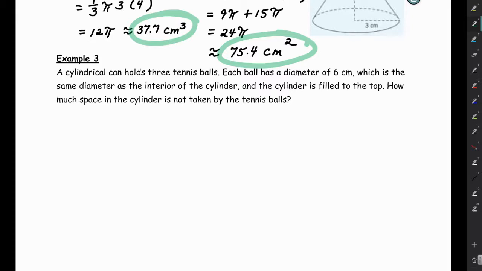Well, I really like a good diagram, so I'm going to draw a cylinder with 3 tennis balls in it. You don't have to be this exact, but I'm going to do that. So just give me a second here.